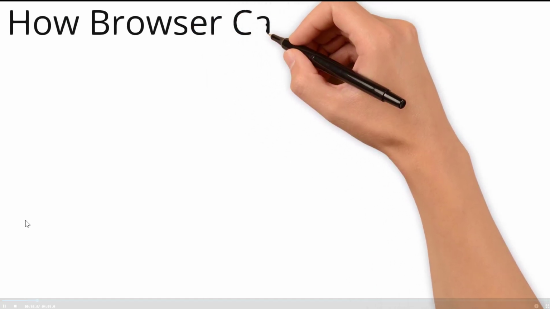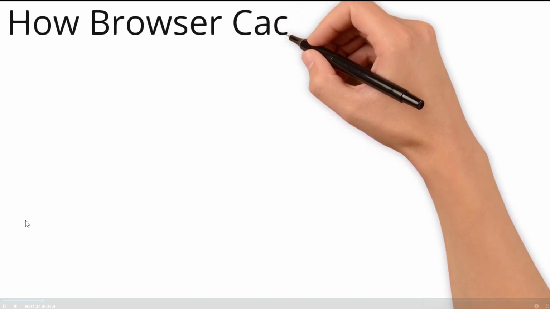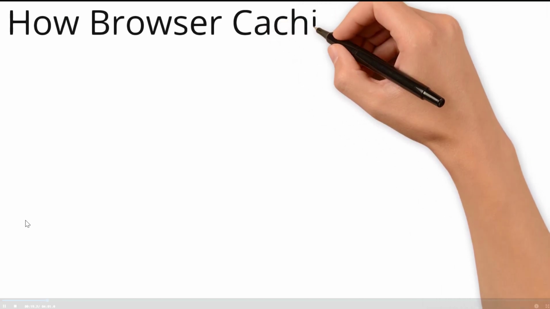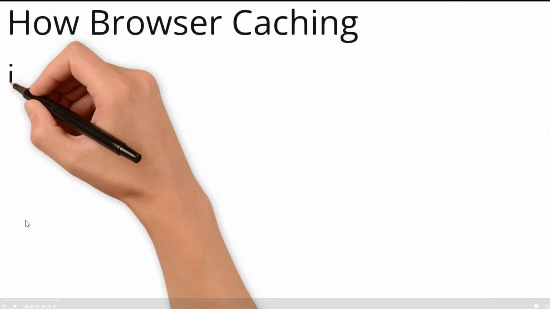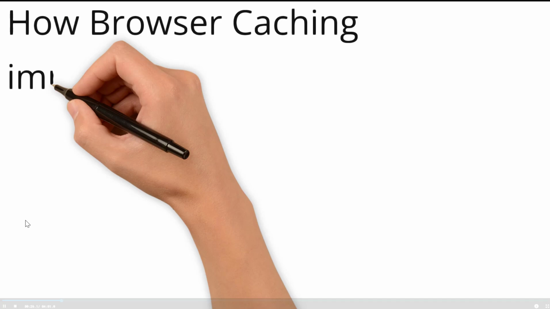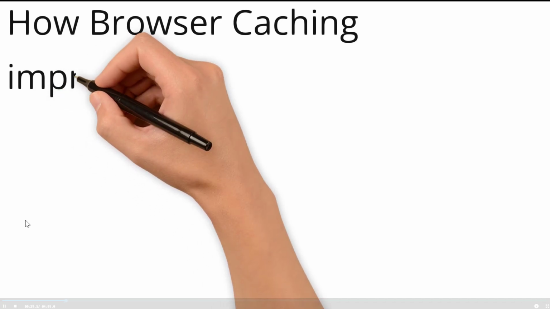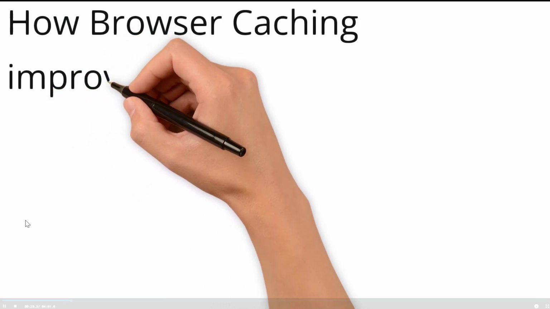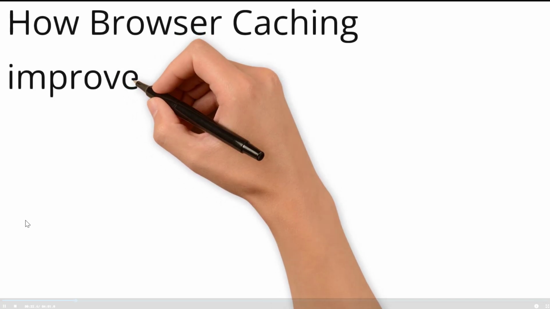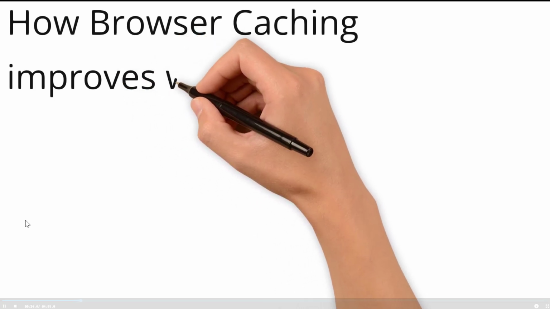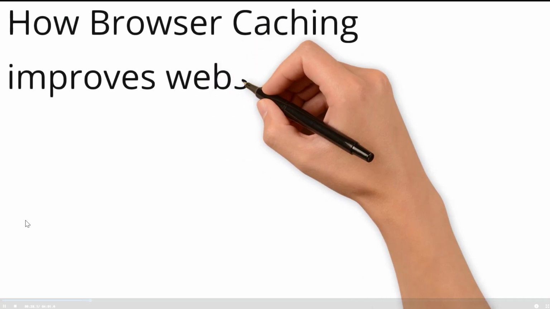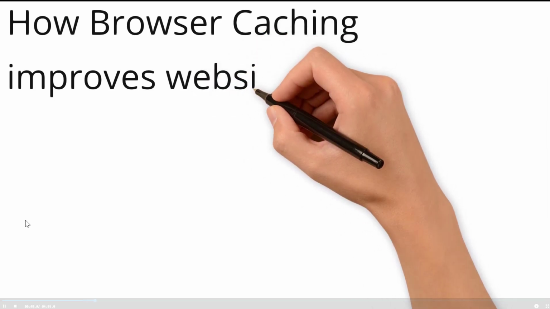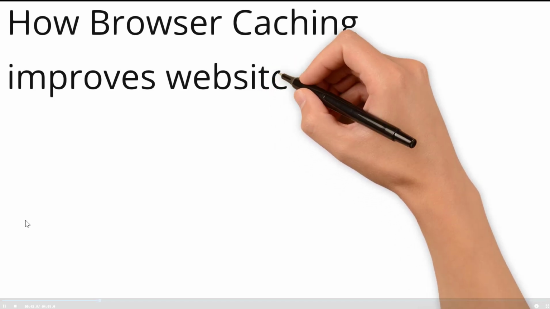The first part is faster page load times. The cached resources load much quicker from the local device compared to downloading them from the server each time. And that's the reason we all know why we need to delete the cache sometimes from our machine, so that every time the request will go to the server. Here, in terms of improving performance, we are using it in a reverse manner.